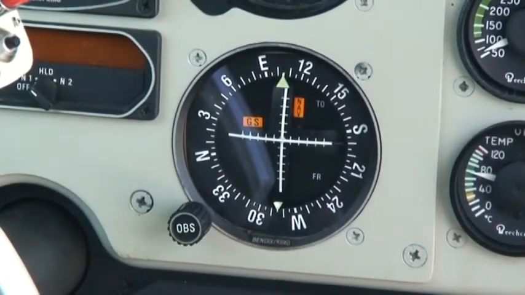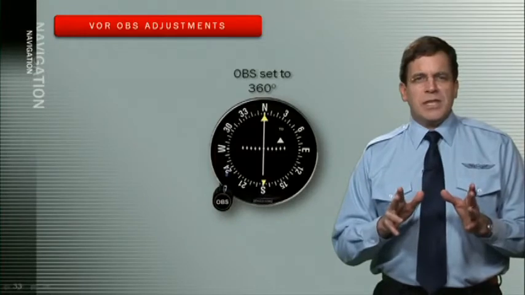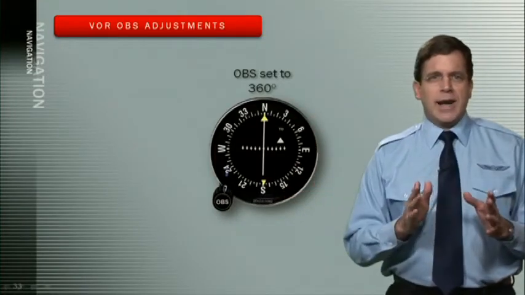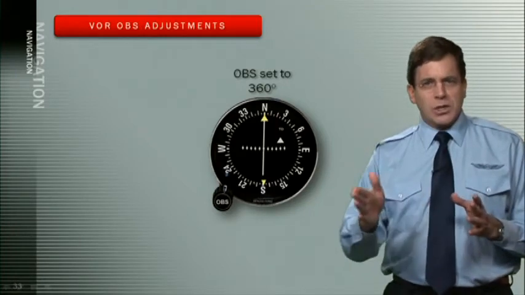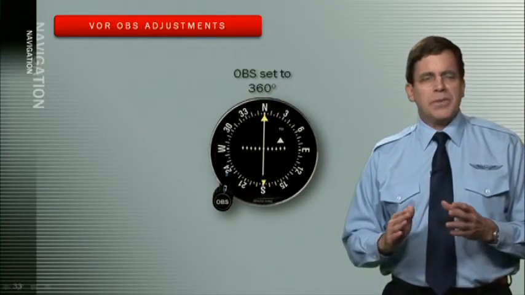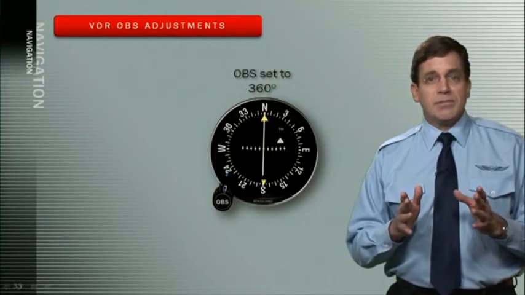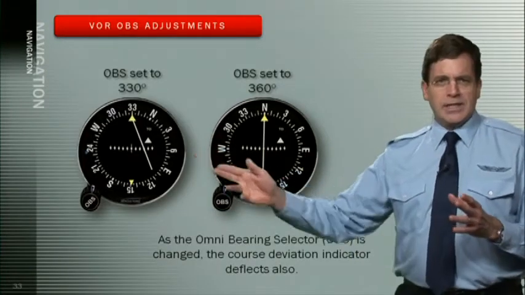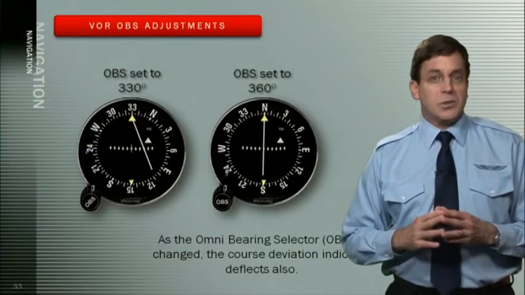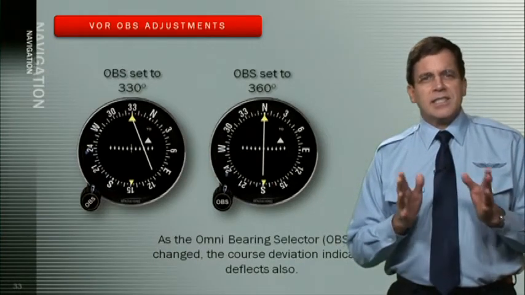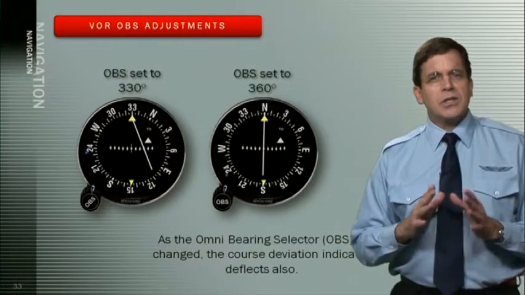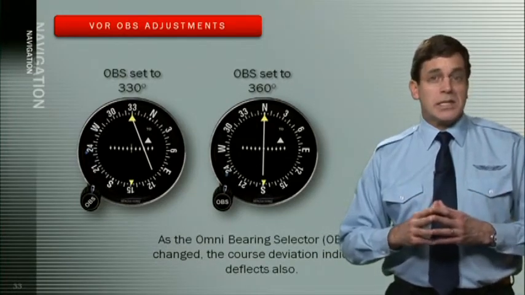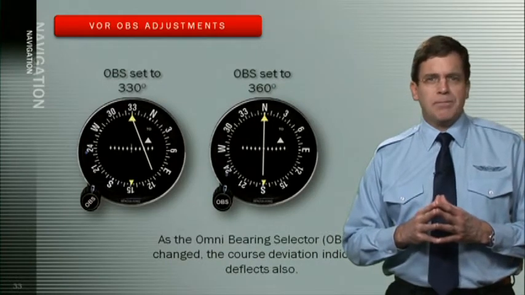So here's how it works. With the OBS receiver set to 360 degrees and the aircraft tracking directly to the station towards the 360 degree radial, the CDI needle is centered. When the OBS is set to 330 degrees, while still tracking towards the 360 degree radial, the CDI will indicate a deflection to the right, prompting you to correct right to track towards the 330 degree radial.